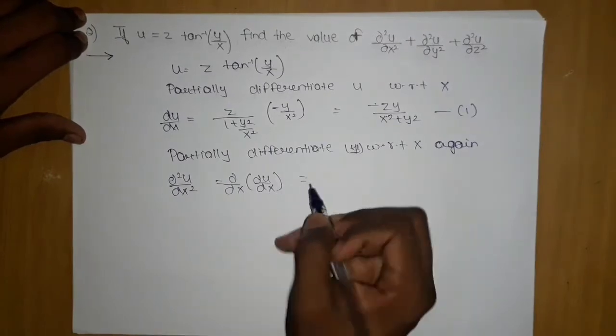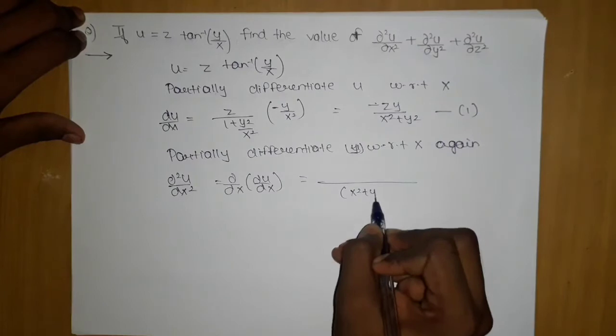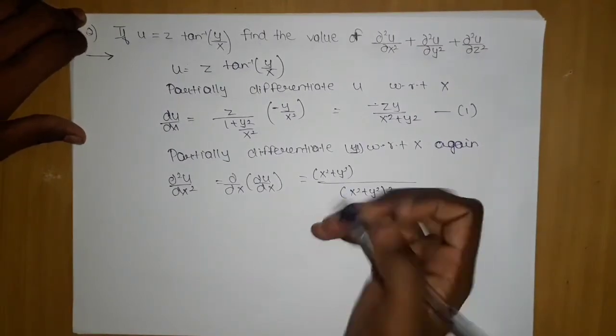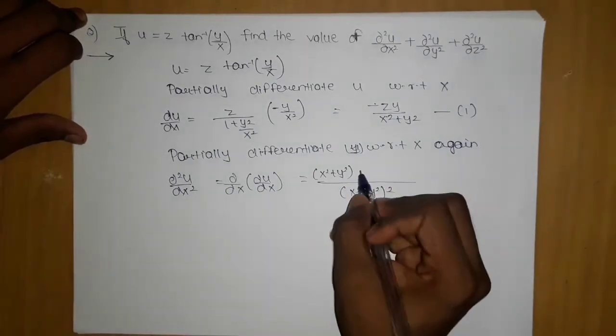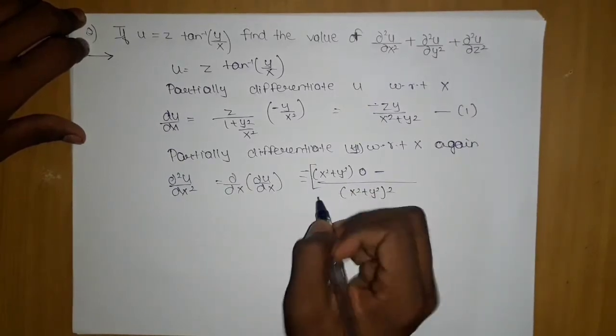And if I simplify, I get x square plus y square the whole square into x square plus y square, and here if I differentiate it with respect to x, this will become 0, and I have kept minus outside.